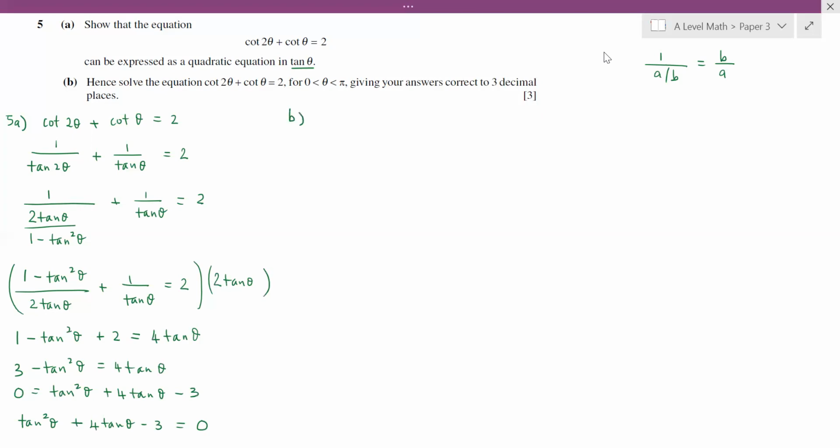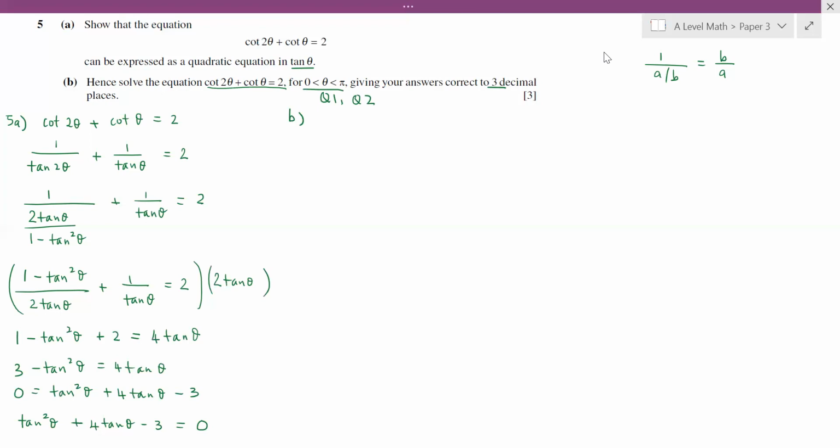Part B, solve the equation cotangent 2 theta plus cotangent theta equals 2 for theta in between 0 and pi. We are looking at quadrant 1 and quadrant 2 angles, giving your answer correct to 3 decimal places.